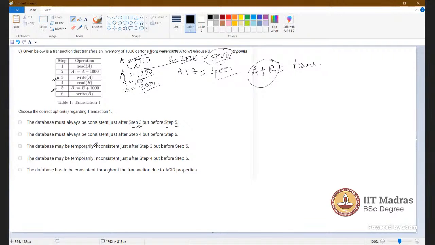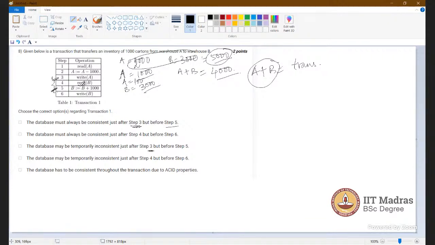Statement number 3 and 4 involve different step numbers. One involves step 3 to 5, right? Yes. During this the database is inconsistent.